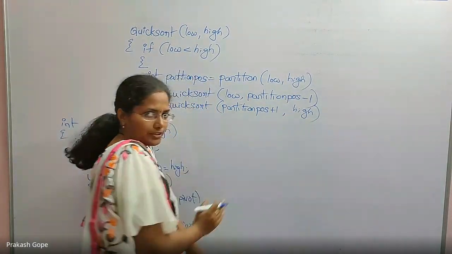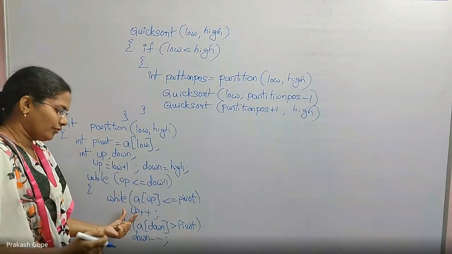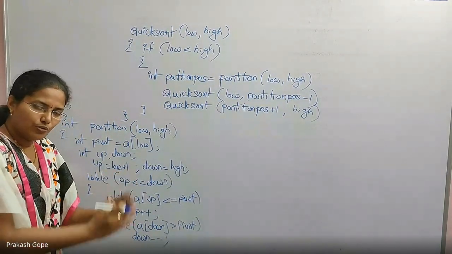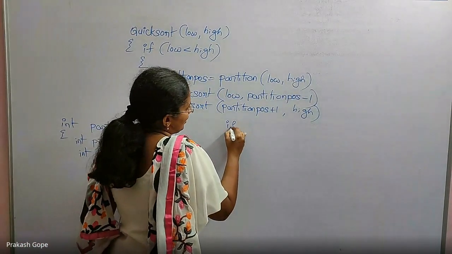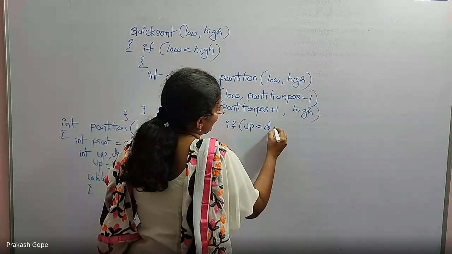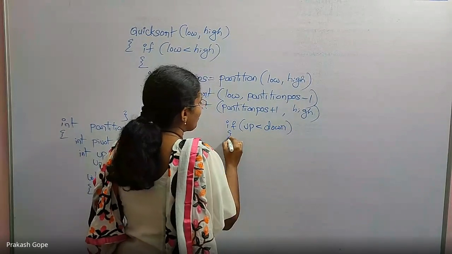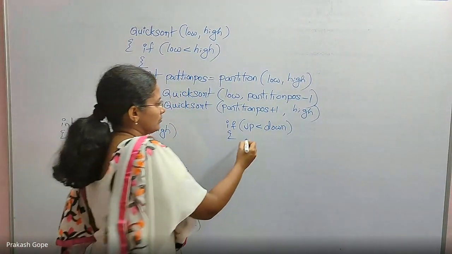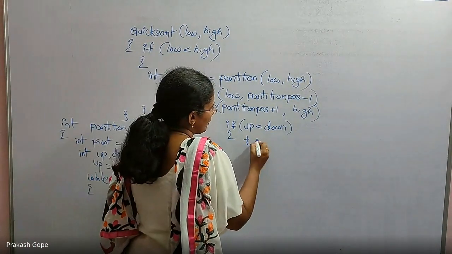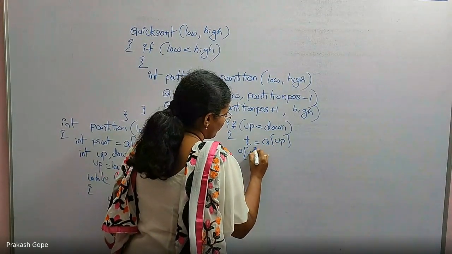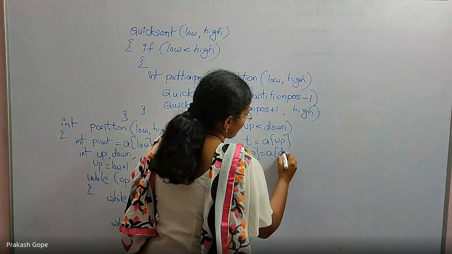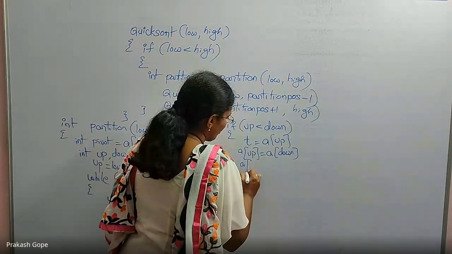So I need to check if up and down stopped moving, then check if up is less than down. If up is less than down, then you swap the elements of up and down using a temporary t. Okay, t equal to A of up, A of up equal to A of down, A of down equal to t.